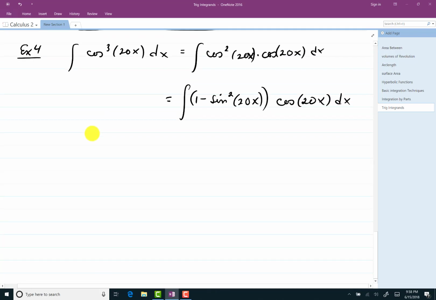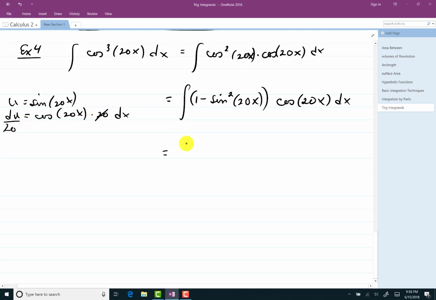And now I could let u equal sine of 20x, and then du equals cosine of 20x times 20 dx. So I'll divide the du by 20.